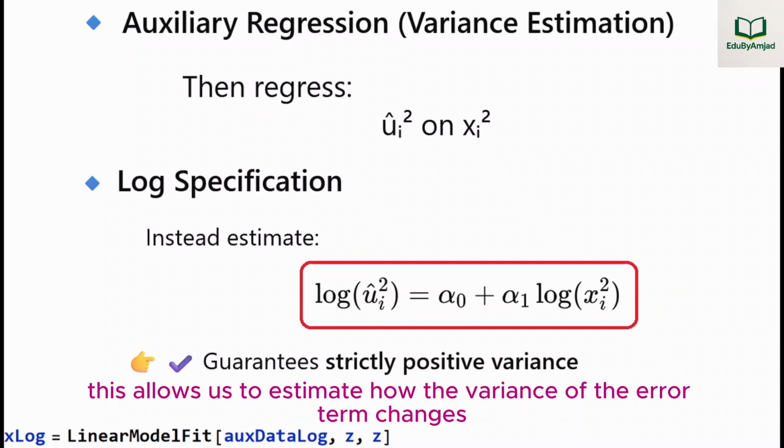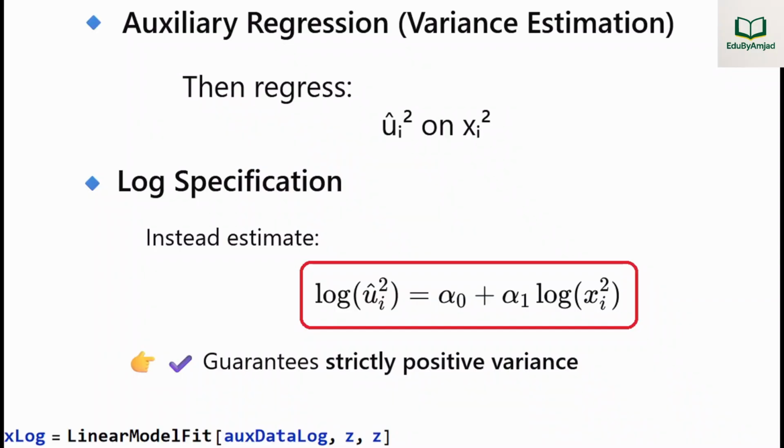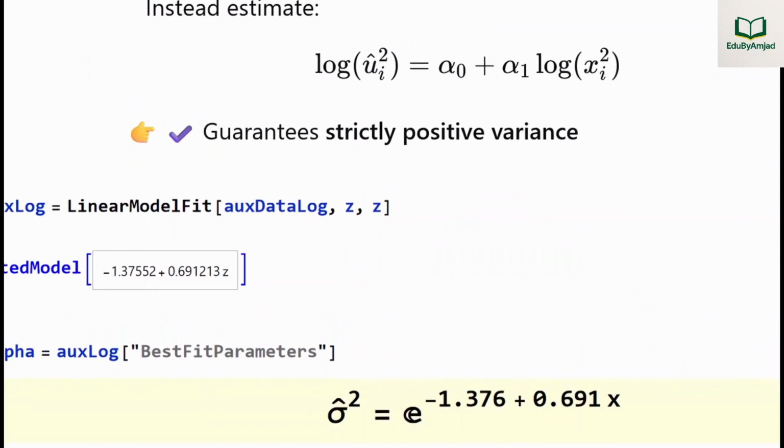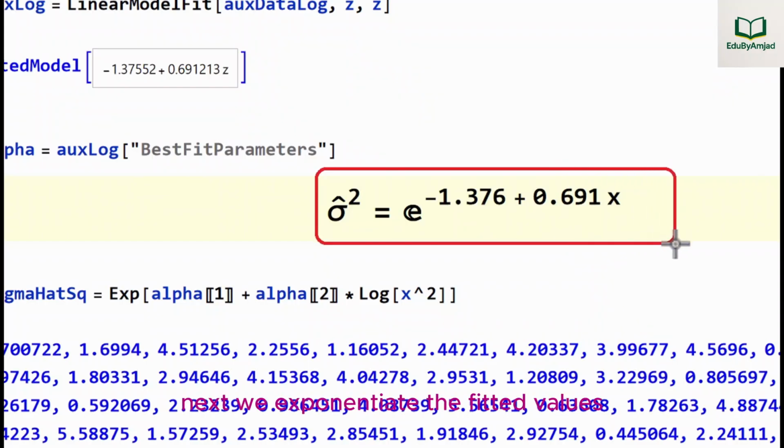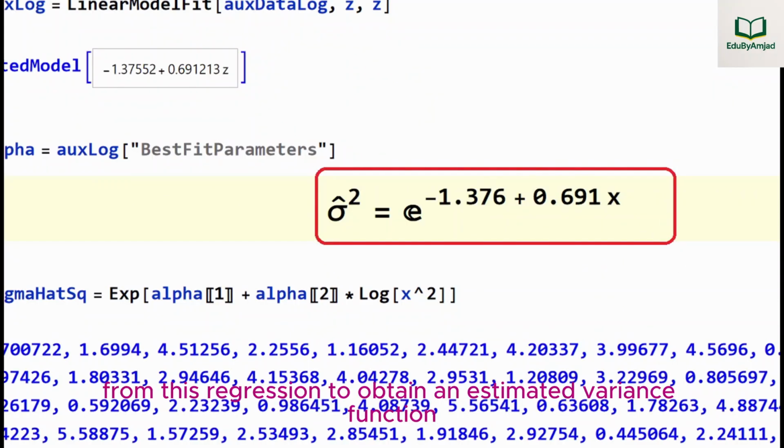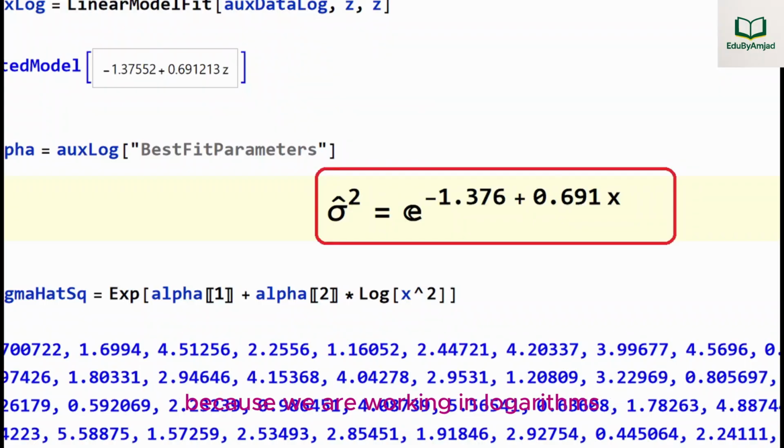This allows us to estimate how the variance of the error term changes with x. Next, we exponentiate the fitted values from this regression to obtain an estimated variance function. Because we are working in logarithms, exponentiation ensures that our estimated variances are always positive, which is a required property of variance.